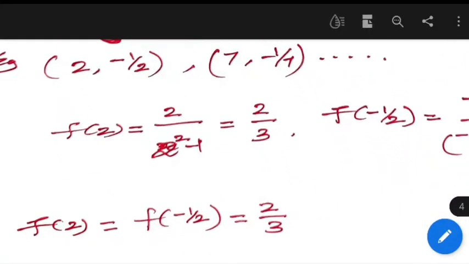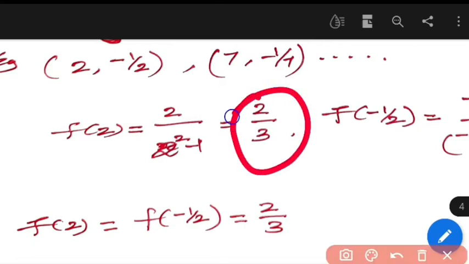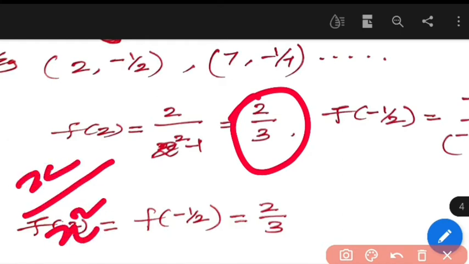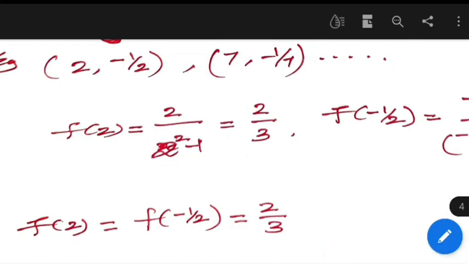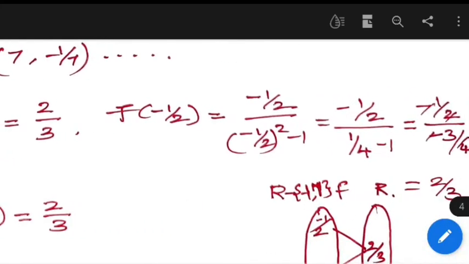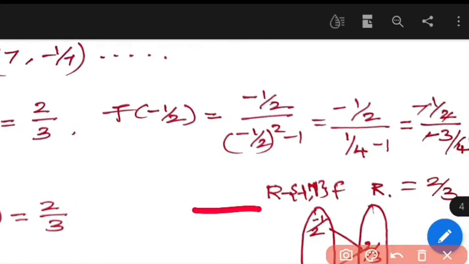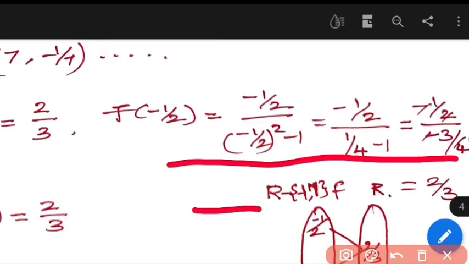Let us assume that we take 2. f of 2 is 2 by 3, from the equation x by x square minus 1. This is 2 square minus 1, so it becomes 2 by 3. Next, f of minus 1 by 2 is also 2 by 3.